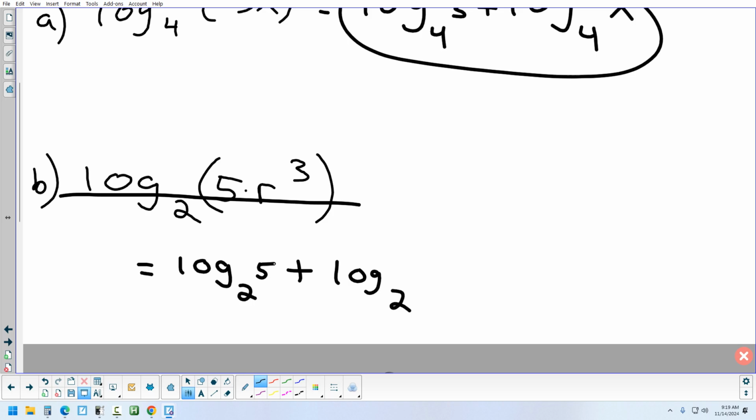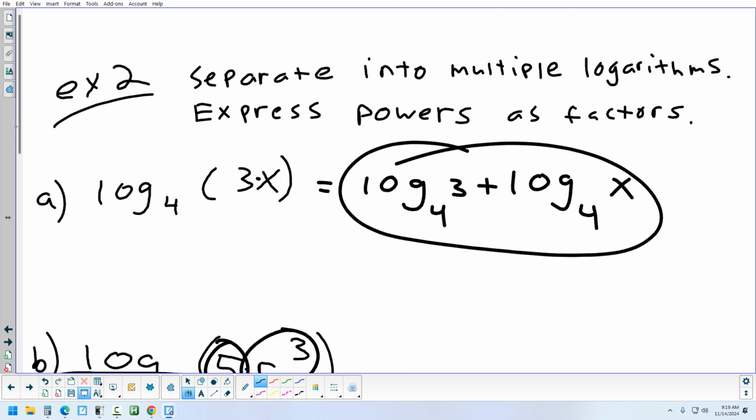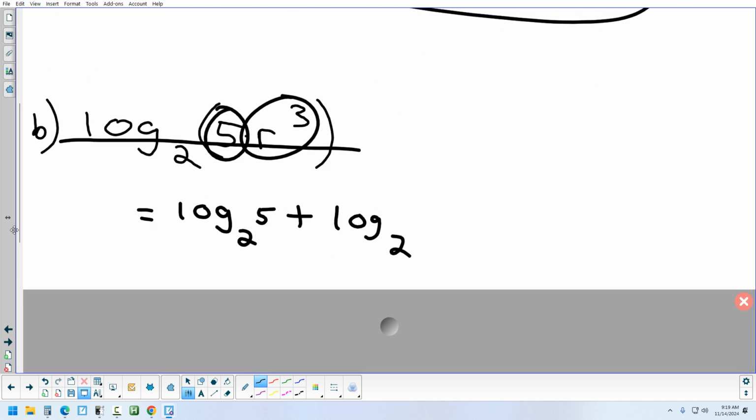Is it 3? No, so first factor, second factor. My second factor is r cubed. Okay. What's going to happen though to that r cubed? Because it says express powers as factors. So if we leave it as r cubed, that's not going to be right. What can we do with powers when we have a log?